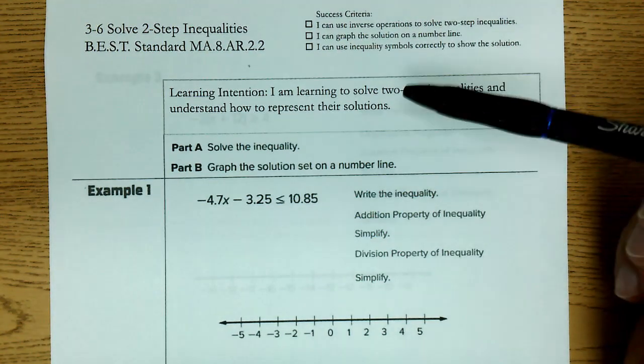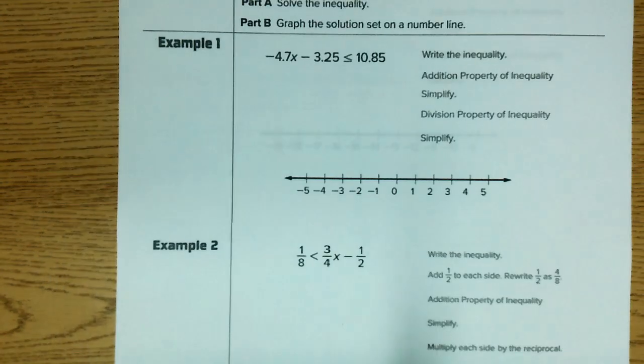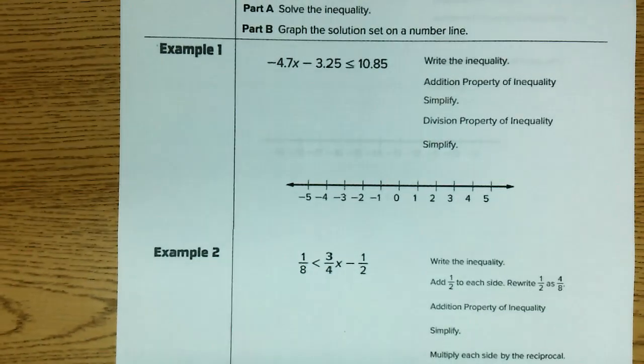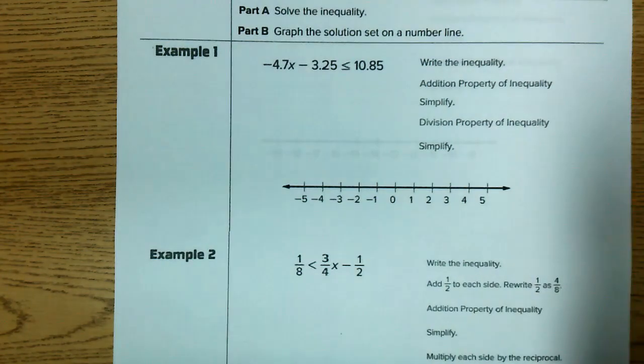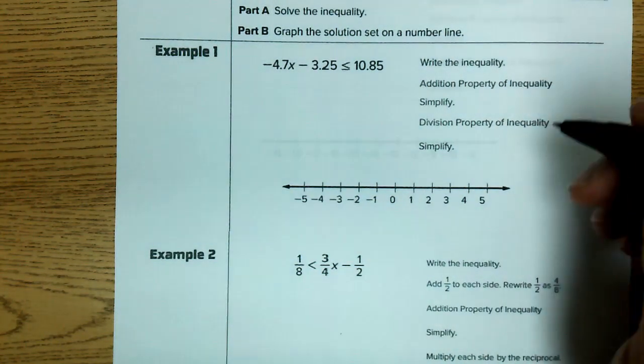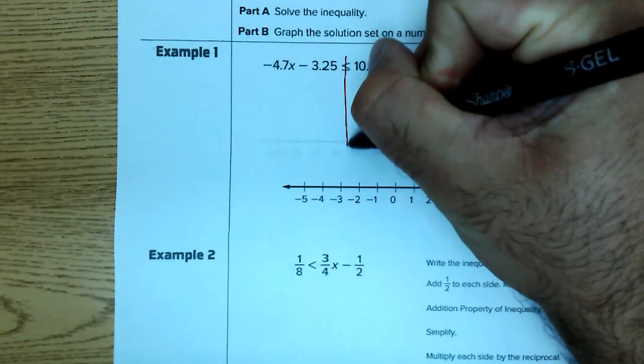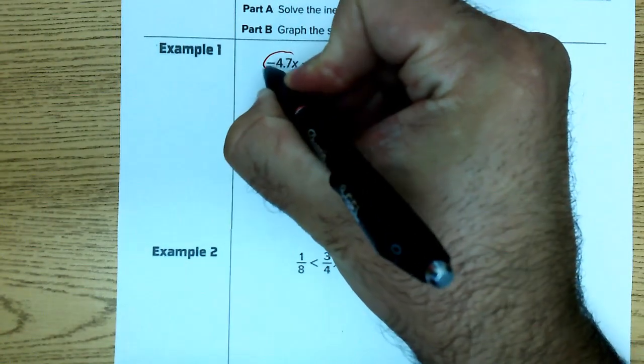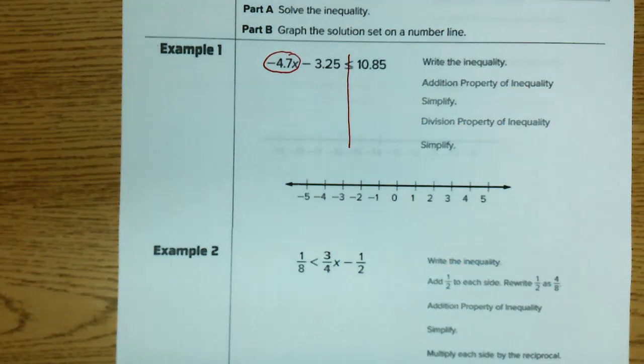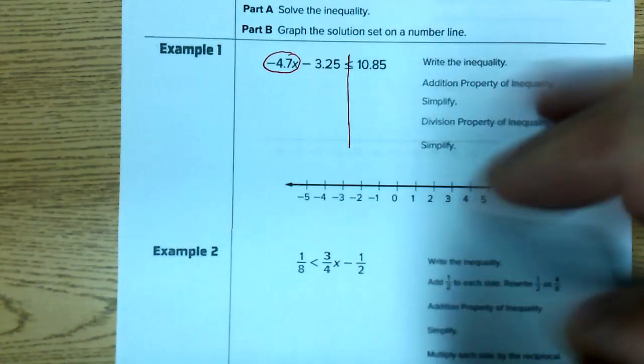Okay? So we're going to jump right into this with example 1. Not a pretty example. It has decimals, but we'll survive. We're going to solve this the exact same way that we solved equations. I'm going to draw a line down. I'm going to circle my variable with everything that's attached to it. I'm going to get rid of whatever else is there.